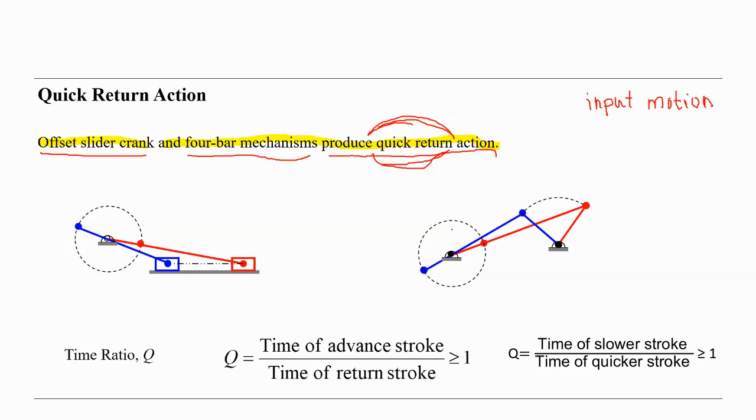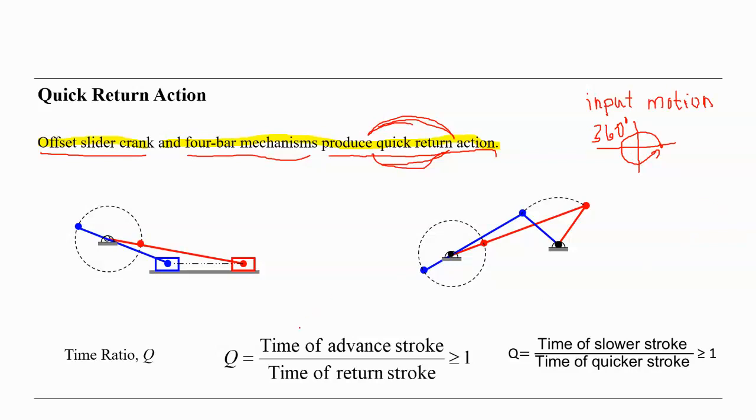So the input motion is a rotary motion like this. We have a rotary motion starting from here and coming from this to this point, and this is 360 degrees for a full rotation.